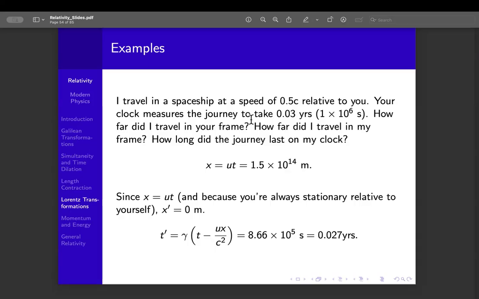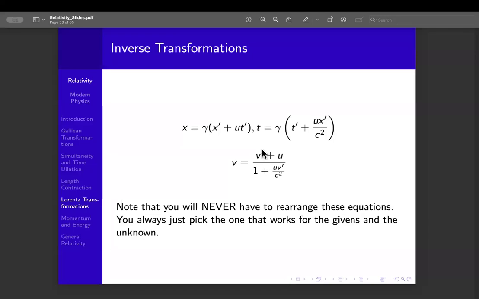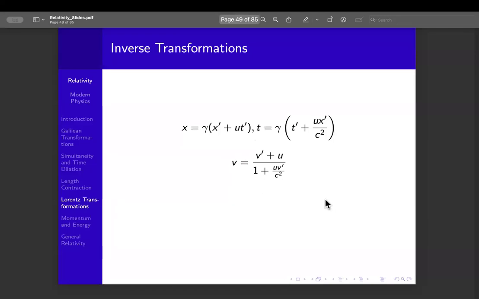So that's a very simple way to actually use the Lorentz transformations. Again, you could also use them if you have a third object moving relative to both of us. That would allow us to use the full power of the Lorentz transformations, including the v and v prime equations as well.